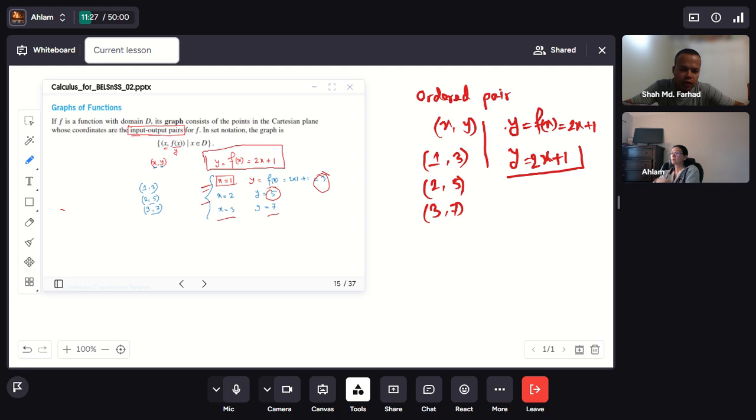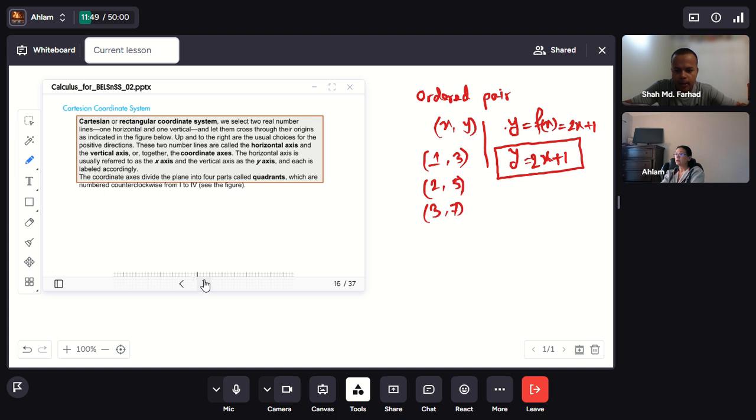Now we are going to plot this function. At first we have to find some values for x and y. We are going to plot the graph of this function. Then how can we plot it? The system is called the Cartesian coordinate system.